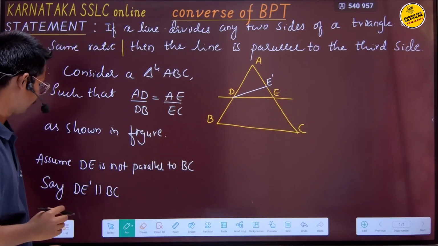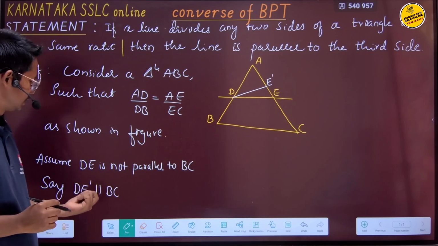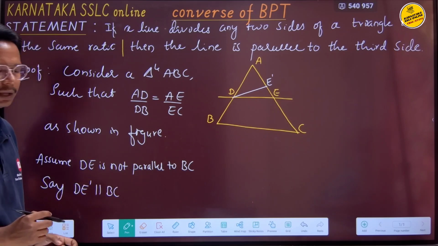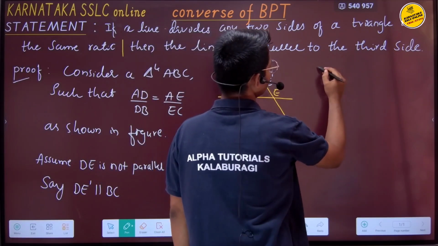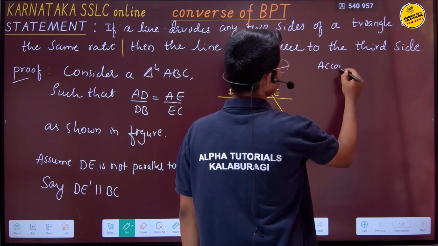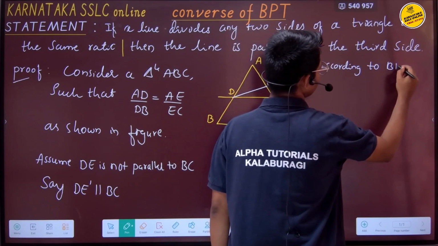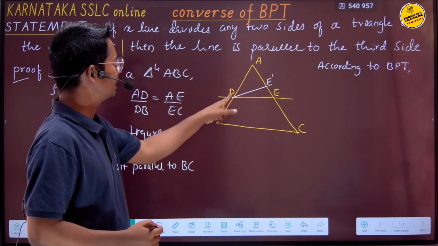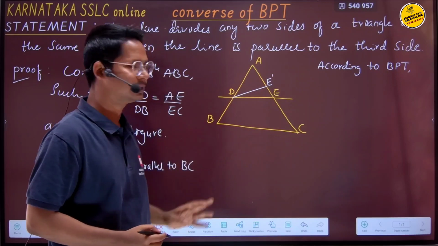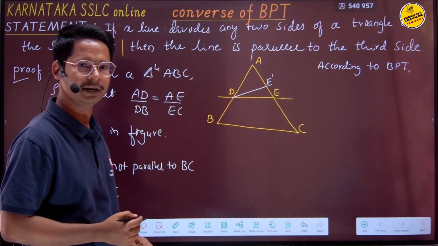Now once I assume DE dash is parallel to BC, shall I use BPT? Yes, I'll use BPT here. According to BPT, if DE dash is parallel to BC, the two sides are divided in the same ratio.